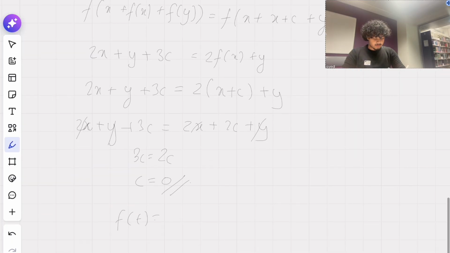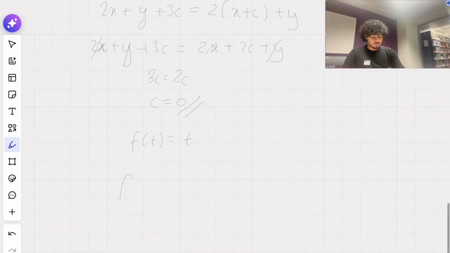Thus, f(t) equals t, and we have our solution, which is f(x) equals x.